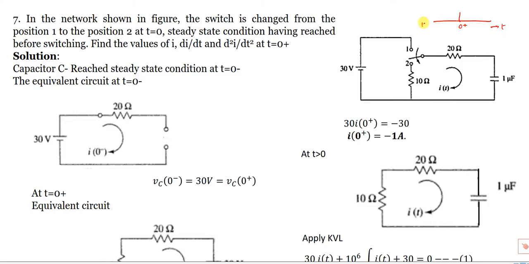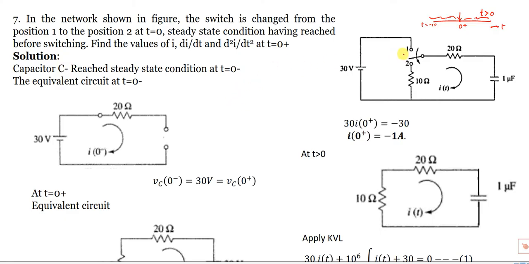From t equals minus infinity to 0 minus is before switching. Exactly at this portion it is just after switching, and after switching we call it t greater than 0. So these are the three important points. Now let us find the solution.